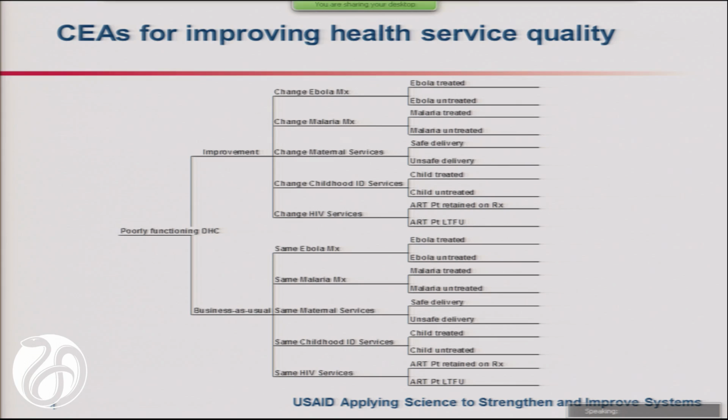So there would be some changes in the epidemiology of Ebola in response to that, but there would also be changes in a lot of other things as well. So one would assume that the treatment for malaria that was available in those clinics, which were part of the improvement implementation, would change as well. Maybe it would get better, maybe it would get worse. The same with maternal health services, the same with childhood infectious diseases services. All of these things would change. The same as HIV services.